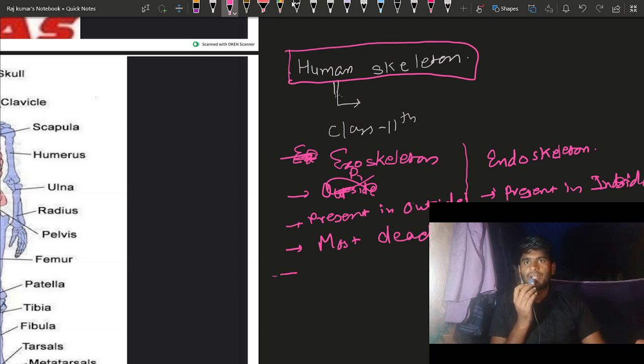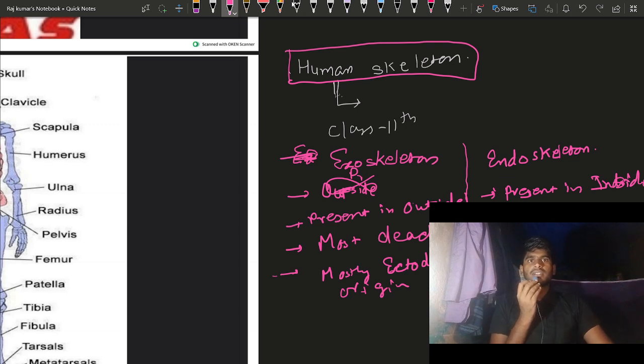And the third point is, see, mostly exoskeleton is of ectodermal origin, and endoskeleton is mostly of mesodermal origin.